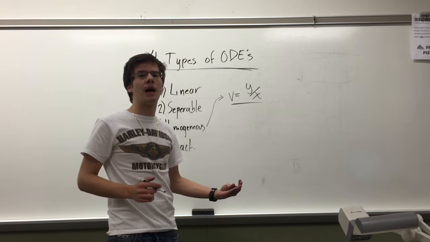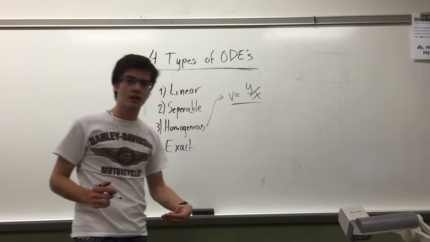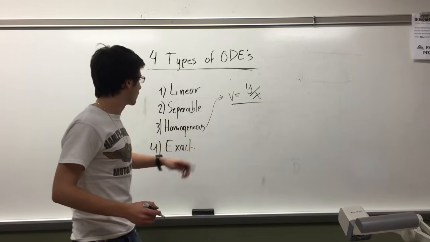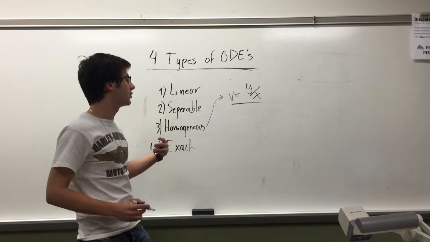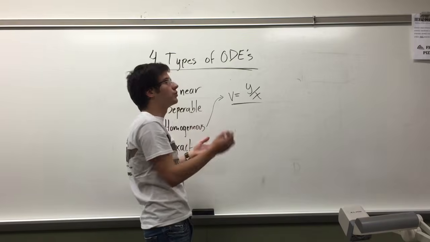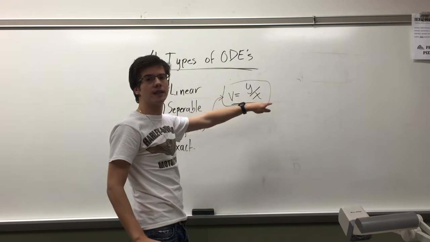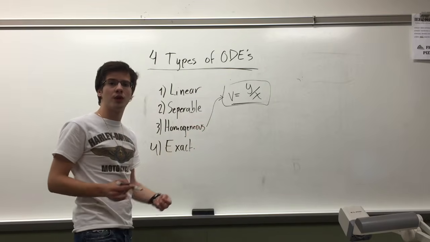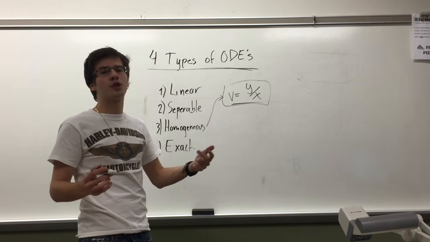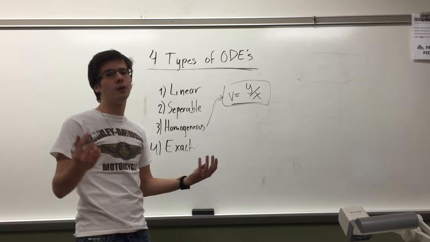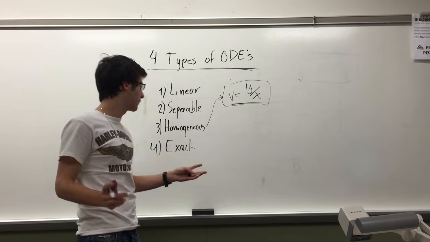So I'm going to go more in depth on how that works, but just keep that in mind. Homogeneous equations usually have to do with doing the substitution v equals y over x, and we can identify them by using what's called the power rule of thumb, what Dr. Paulette told us, power rule of thumb.